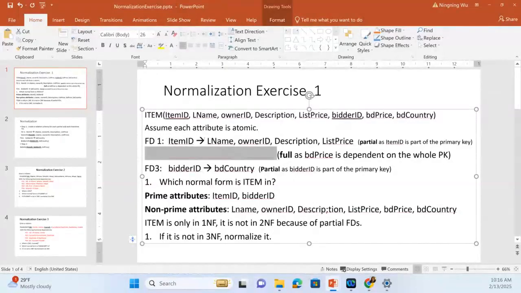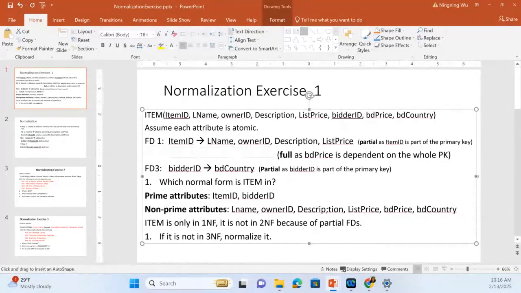We only identify the attributes on the right side, the dependent attributes, and simply cross them out. So we have L name, we cross it out. We have owner ID, we cross it out. We have description, we cross it out. We have the list price, we cross it out. That's coming from FD1, okay?